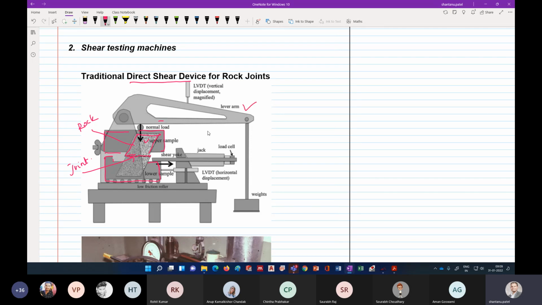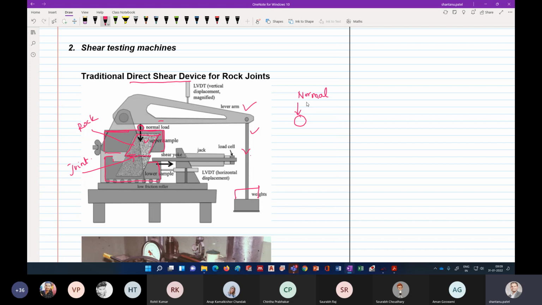If we put more and more weight, this lever gives a force in this direction, and this transfers the load to the upper part of the sample. So this upper load is called our normal reaction.